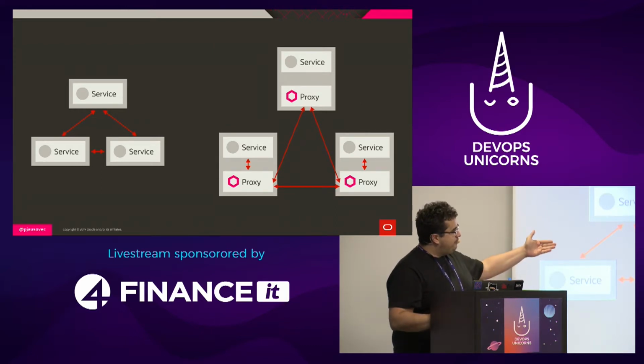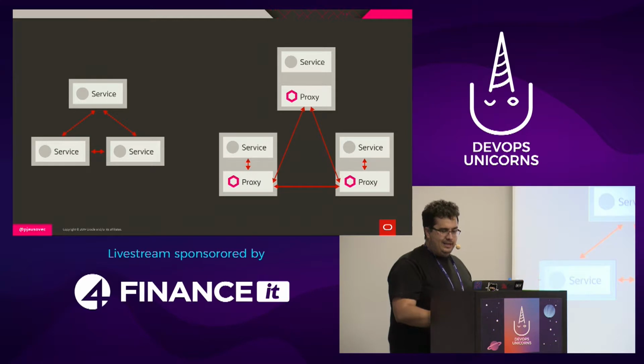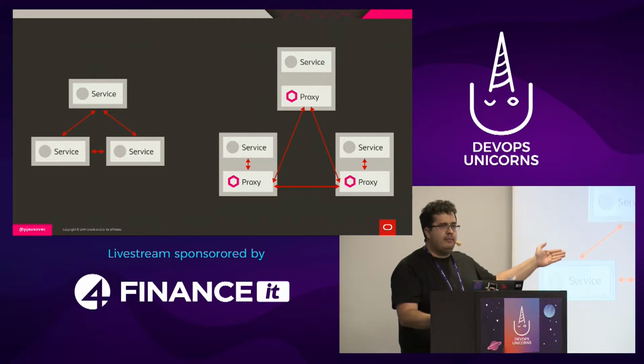On the right side, same 3 services. However, in this diagram, I've actually applied a service mesh. What a service mesh does is it injects a proxy next to every instance of your service. So any requests coming into your service or going out of your service will be intercepted by that proxy.